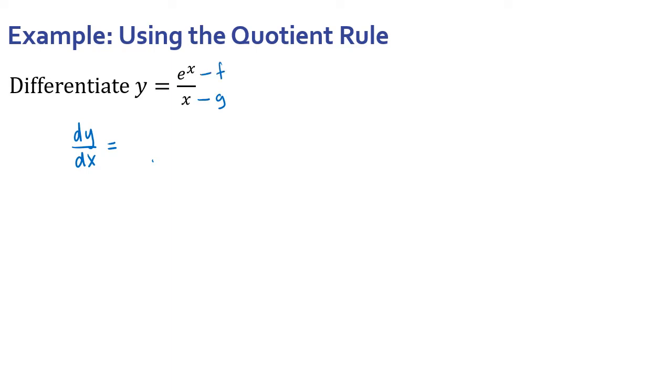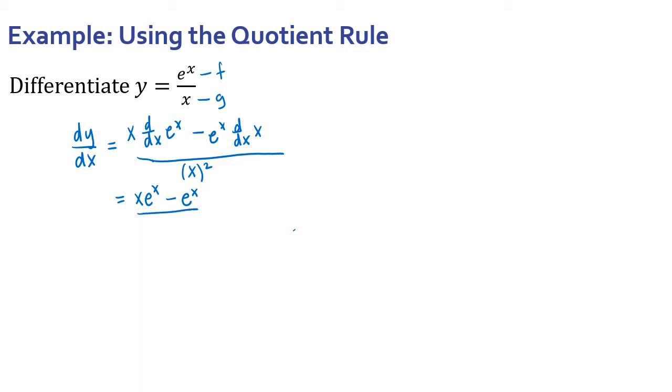So g of x, which is x, times the derivative of f, minus f times the derivative of g, all over g squared. So that's going to give me x times e to the x, minus e to the x times the derivative of x, which is 1. So it's just going to be e to the x times 1, which is e to the x, all over x squared.